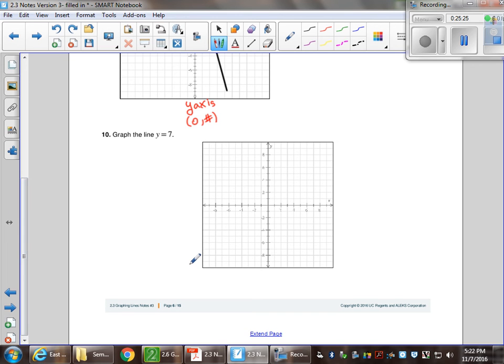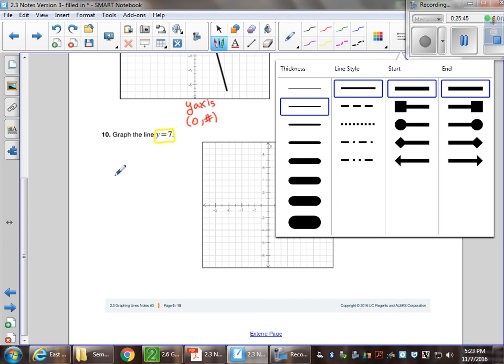Okay, number 10. We actually already did this type of question, so please click pause and try this one on your own. Okay, let's see how you did. Y equals 7. So I look at that and I think to myself, y is fixed.